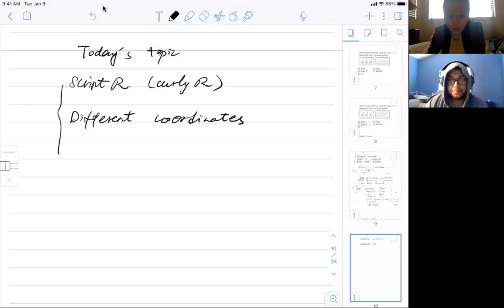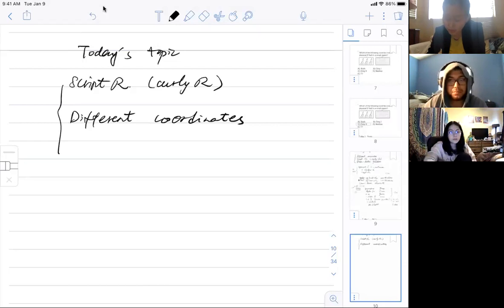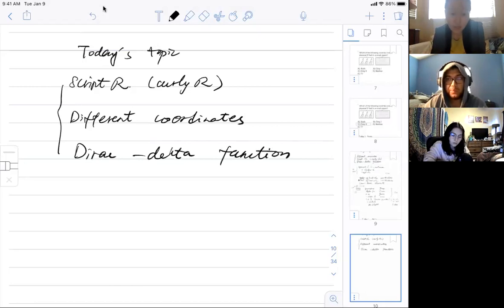And lastly, we will spend the majority of our time talking about a math function that's called the Dirac delta function, and how we can use this function to help us represent some physical quantities in electrostatics.